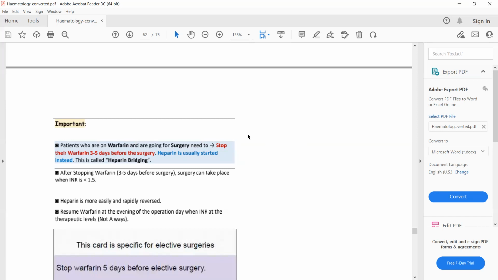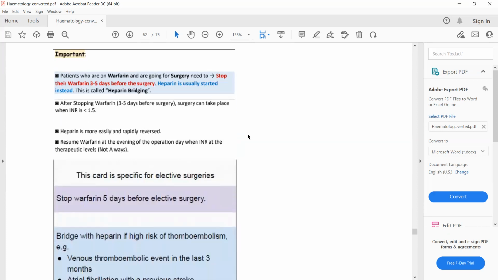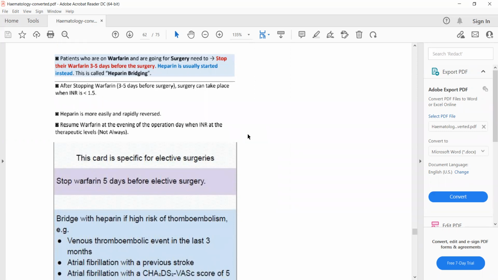That's why it is preferred in patients who are undergoing surgery. So after stopping warfarin, surgery can take place when the INR is less than 1.5. Heparin needs to be stopped 5 days before surgery, and surgery can take place when INR is less than 1.5.